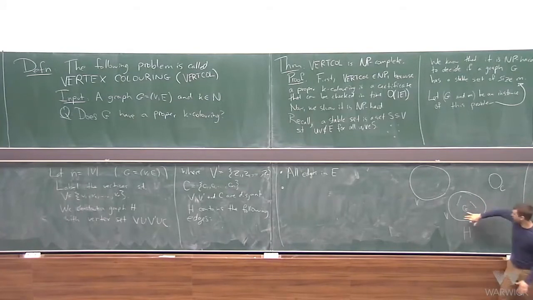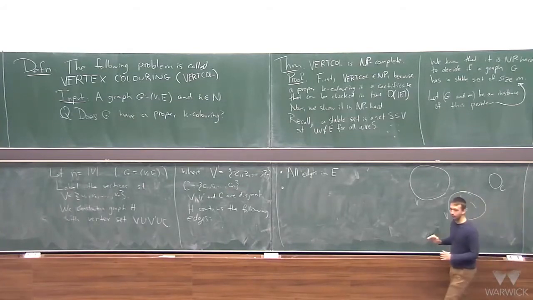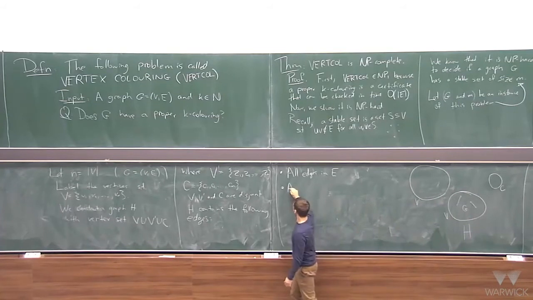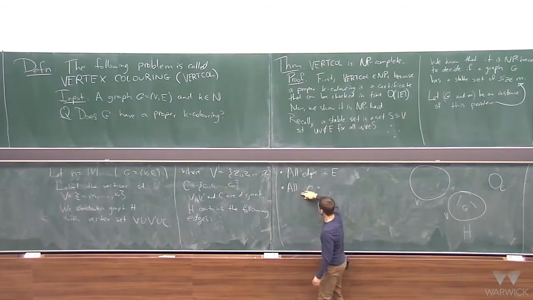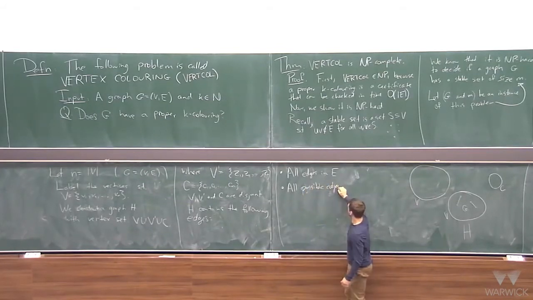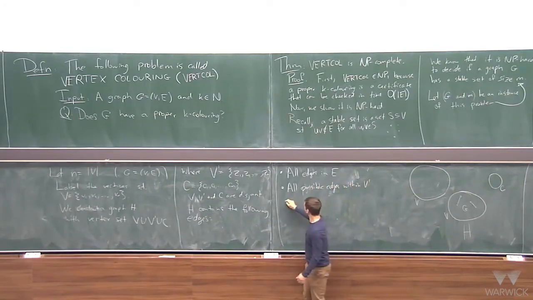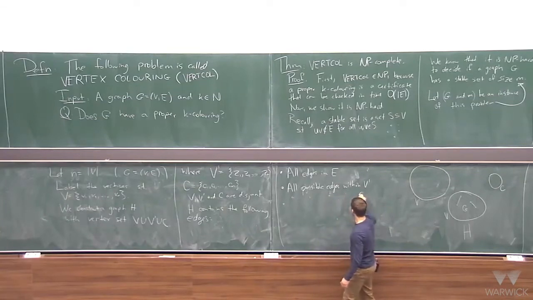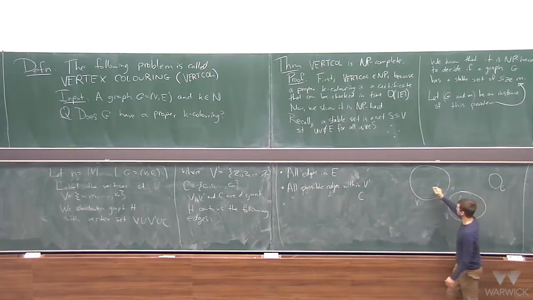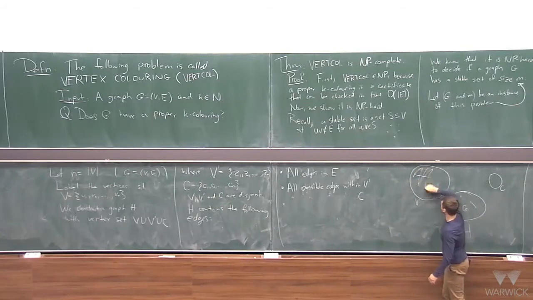On the original vertex set, you just copy the same graph you had before. It also contains all possible edges within V prime, and again all possible edges within C.